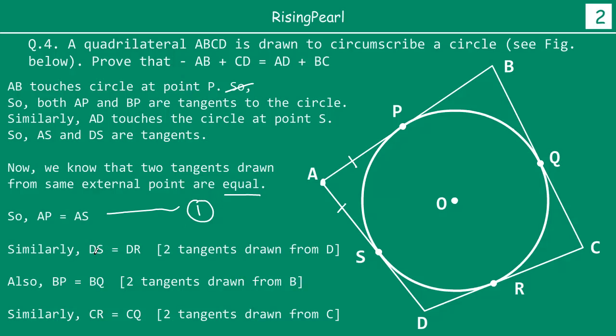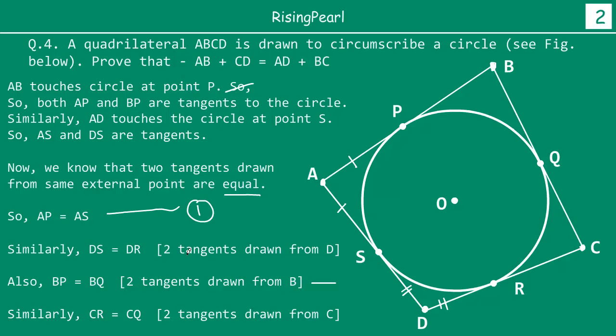Similarly, DS equals DR, because again, these are 2 tangents drawn from the point D. You can say the same thing for every other point, that is for point B and for point C. So similarly, BP equals BQ.